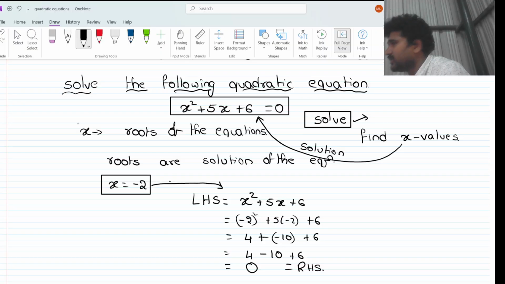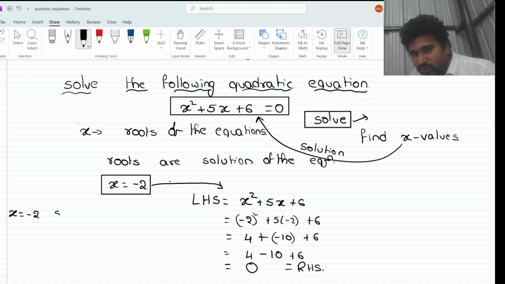Correct or not? So x is equal to -2 satisfies the given equation. Am I correct? Can I write this statement? x is equal to -2 satisfies the given equation.